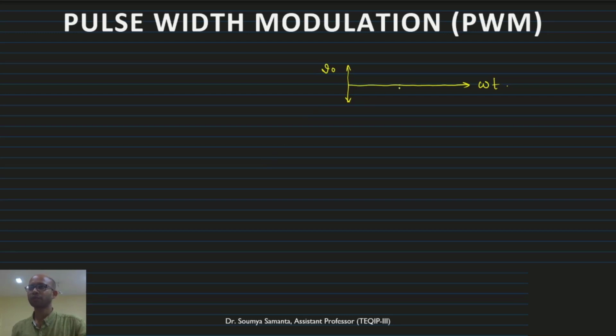Suppose this is 180 degree, this is 360 degree, pi, and this is 2 pi. So what was the output voltage? Output voltage was plus VDC for half cycle and then minus VDC for next half cycle, and then it continues. This is plus VDC, this is minus VDC.